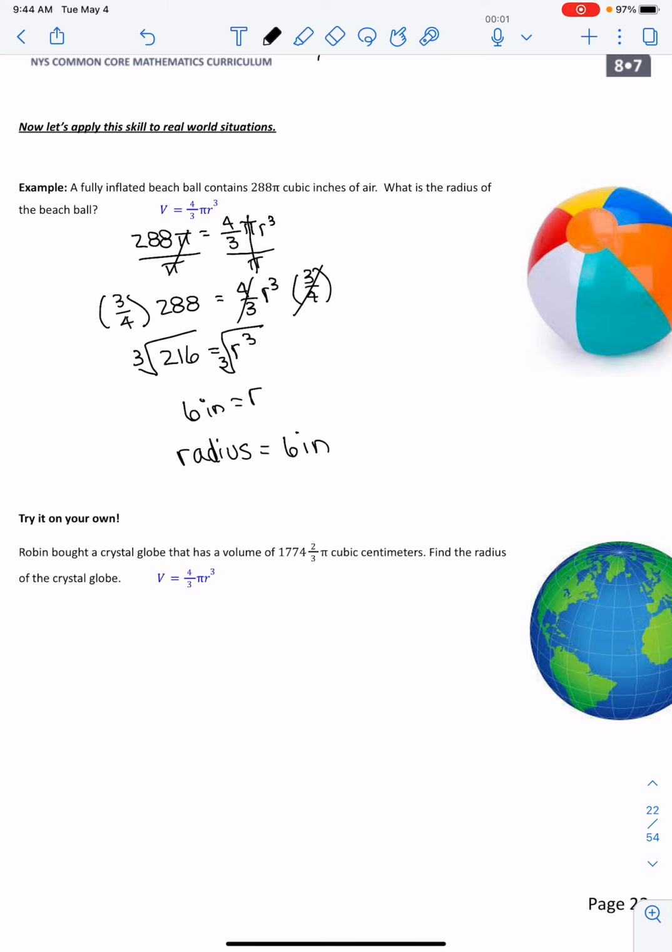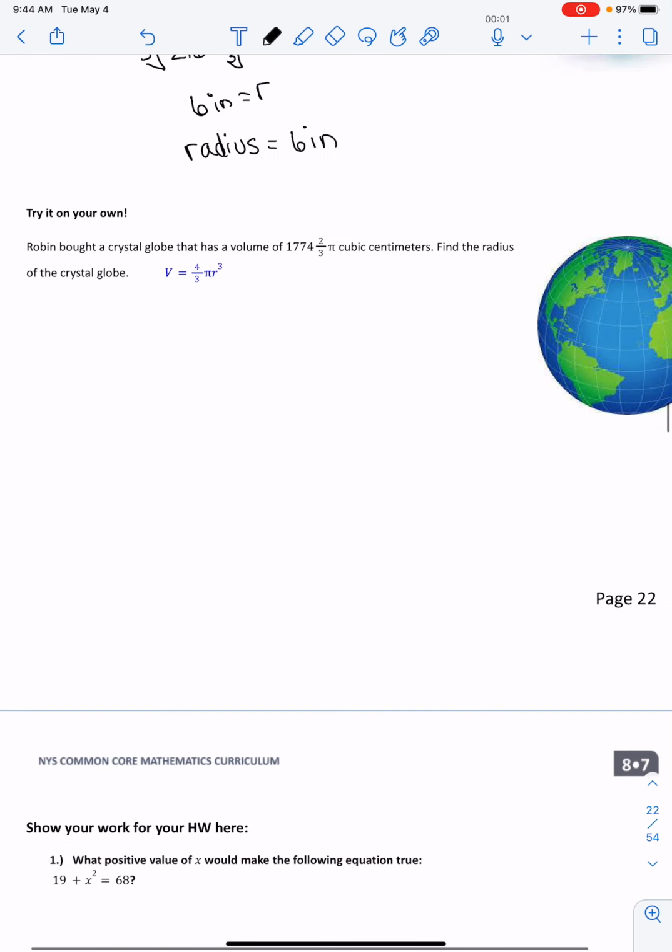My next problem, it says Robin bought a crystal globe that has a volume of 1,774 2/3 pi cubic centimeters. Find the radius of the crystal globe. So again, we're going to replace that.